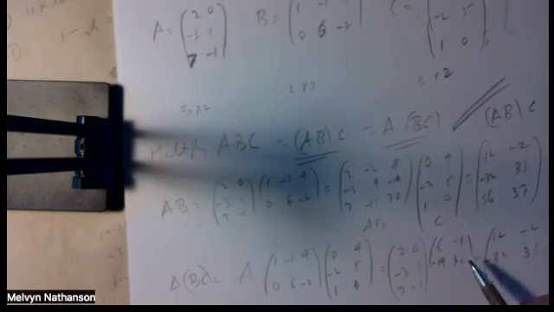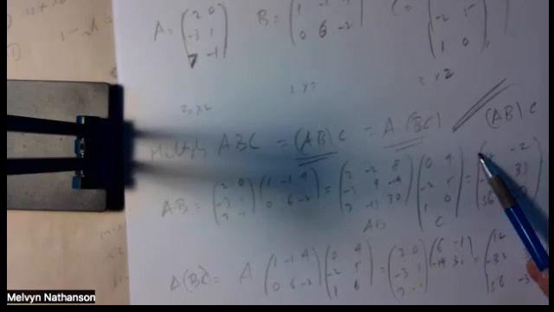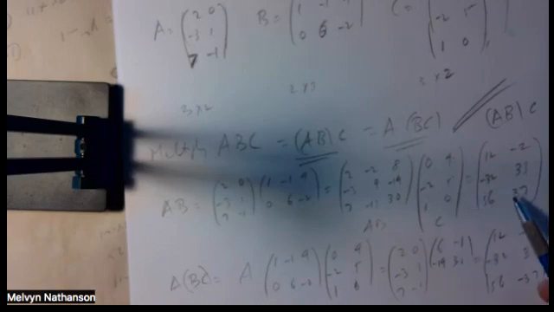Minus 7 minus 30 is minus 37. See what I get here. 28, oh, 28 minus 37.